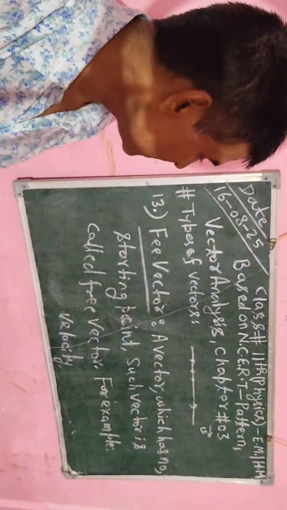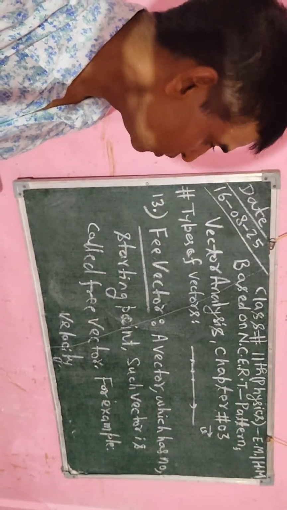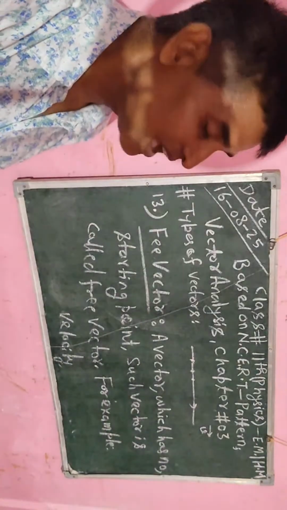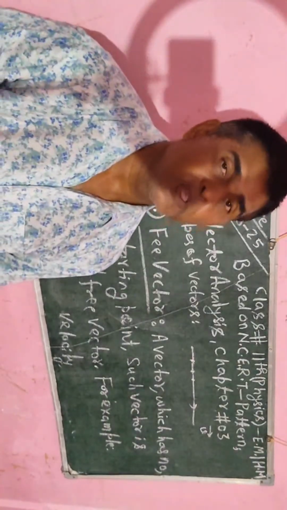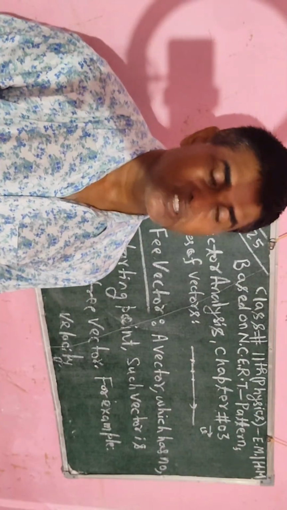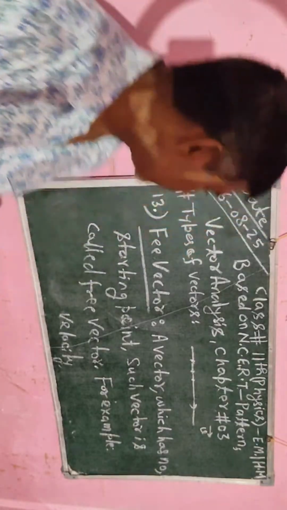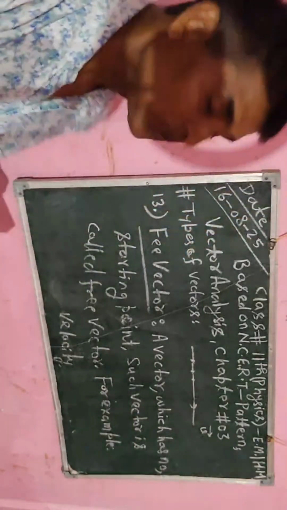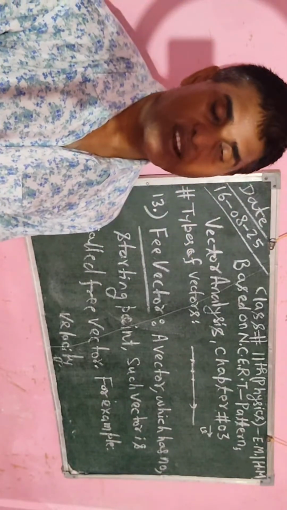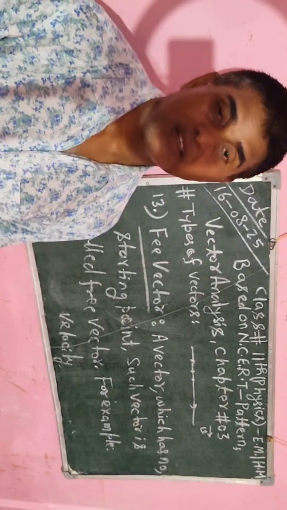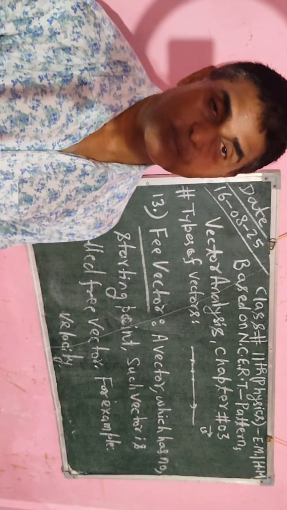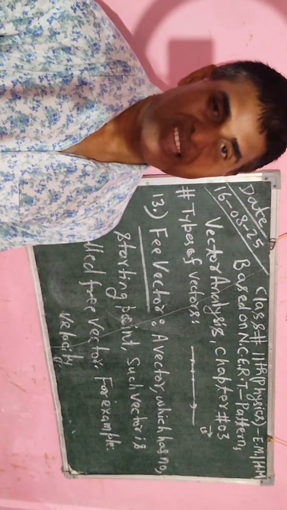So this is the required concept, and you have to know it here. After that, I will also explain the concept of localized vector. This is also an important point. Localized vector is the last of the 14 types of vector; I have already explained the remaining types.